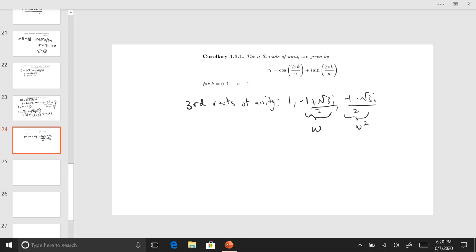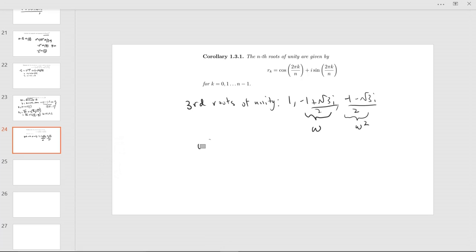And we see that the sum of the cube roots of unity is actually 0 by expanding this all out. So omega squared plus omega plus 1 is equal to 0. So this identity involving the cube roots is not only useful when we're solving problems in complex numbers, but it can also help determine the roots of a polynomial, as we will discuss in a later chapter on polynomials.